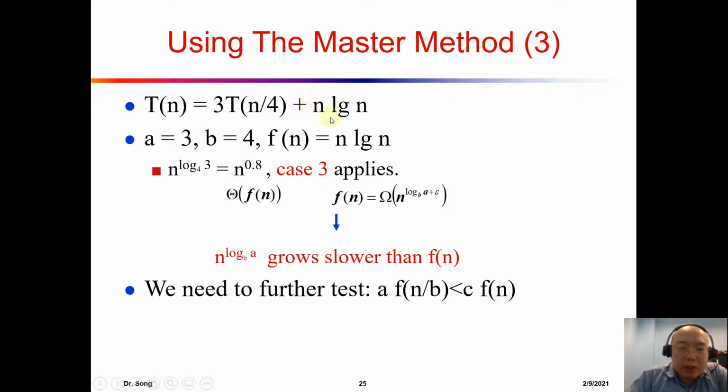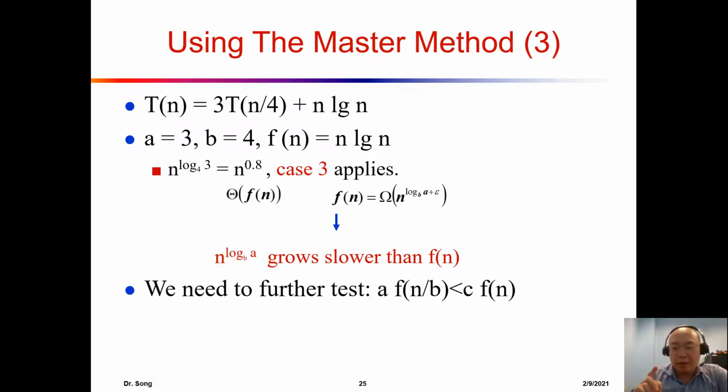And for this one, this is n log n. For this case, it's obvious because n to the 0.8 grows slower than linear, and n log n grows faster than linear. So it's kind of obvious that Fn grows faster than n to the log_b a, or n to the log_b a grows slower than Fn. Okay?